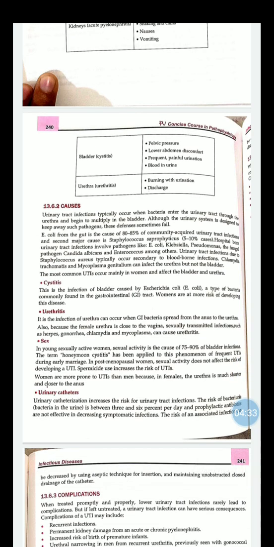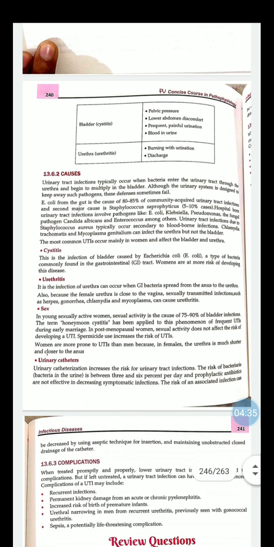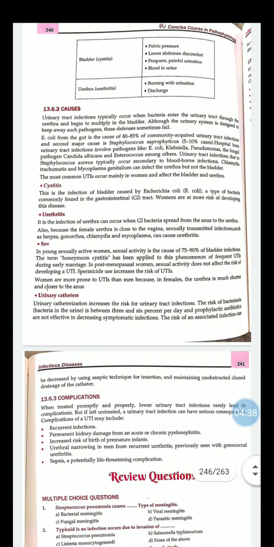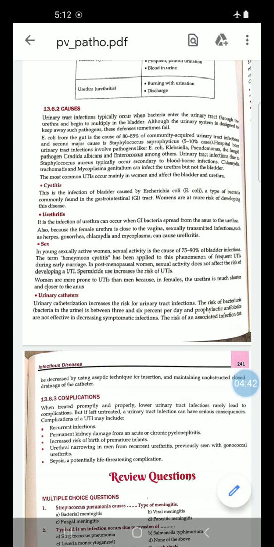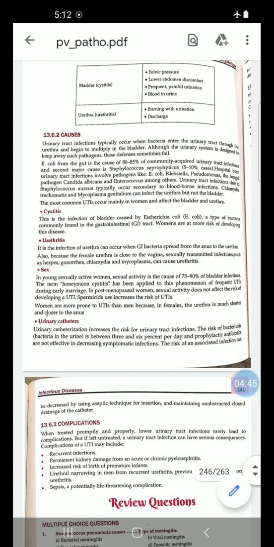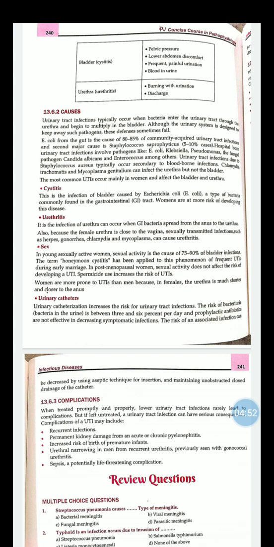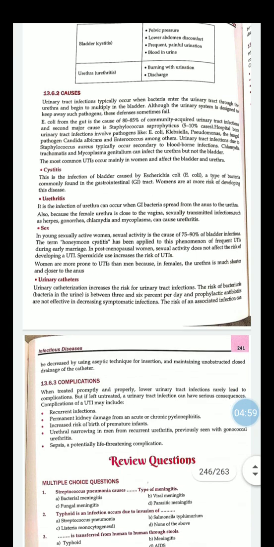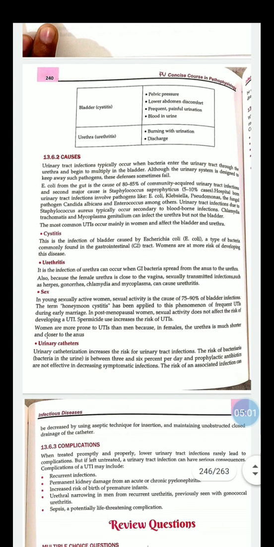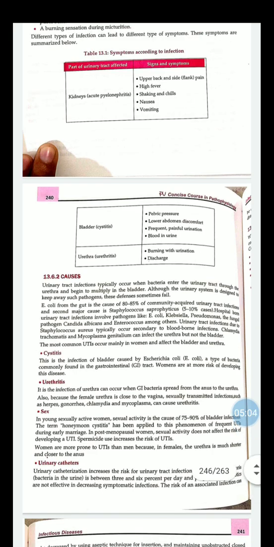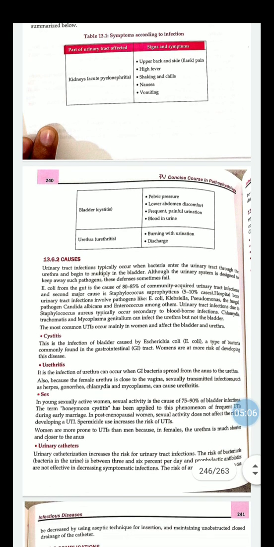If there is infection of the bladder, the symptoms are pelvic pressure, lower abdomen discomfort, frequent painful urination and blood in the urine. If there is infection of the urethra, the symptoms are burning with urination and discharge. So these are the basic information and symptoms of urinary tract infection.